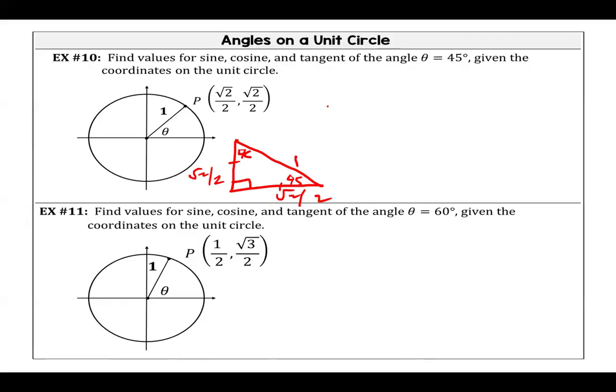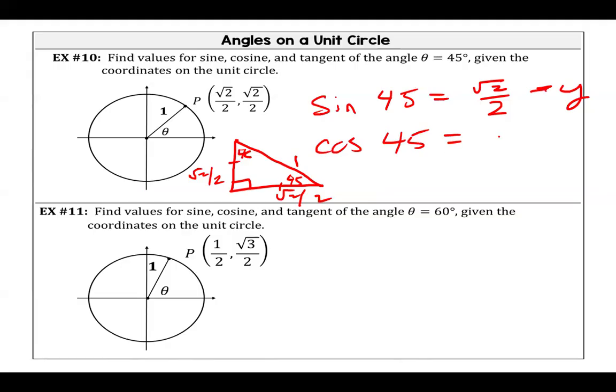So the sine of 45: sine is your opposite over your hypotenuse. My opposite is square root of 2 over 2, my hypotenuse is 1. Is it necessary for me to write that? No. So the y value is square root of 2 over 2. Cosine of 45, oh my gosh, it's the same thing. It's crazy.